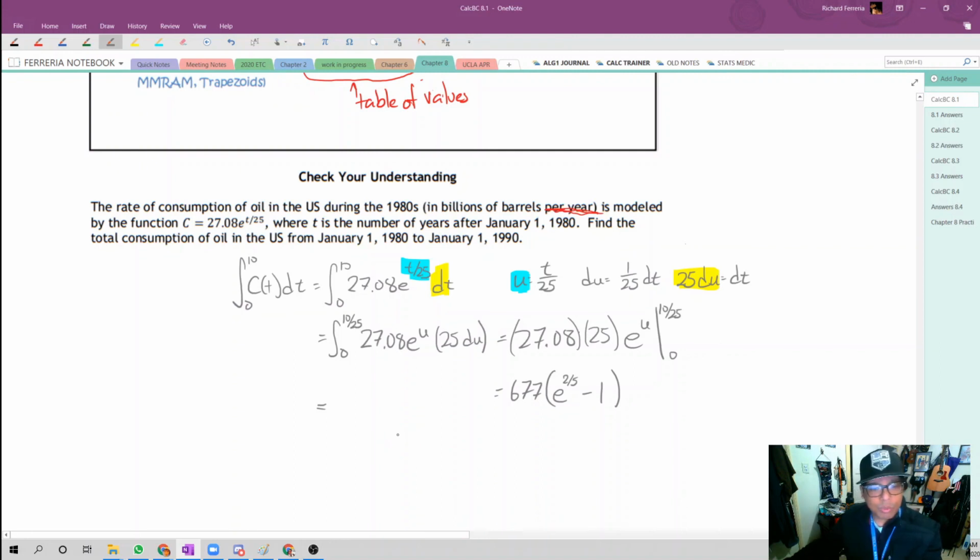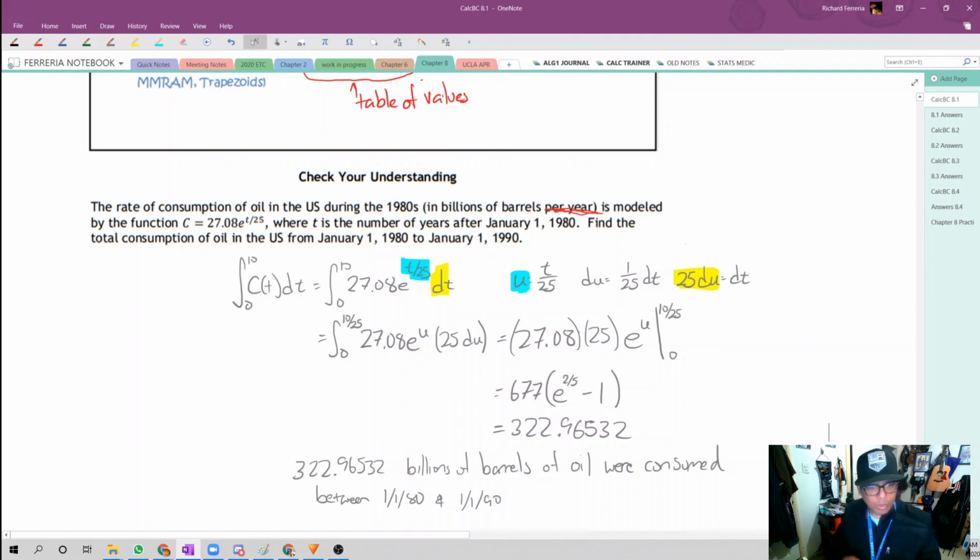So let's get this response evaluated. 322.965. 322.965 billions of barrels of oil were consumed between January 1st, 1980 and January 1st, 1990.